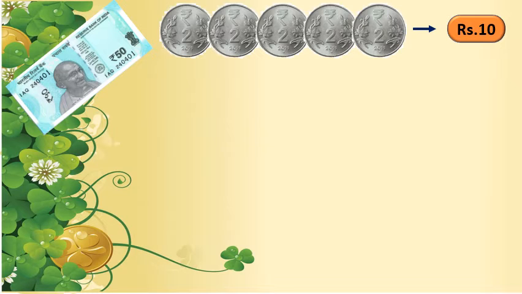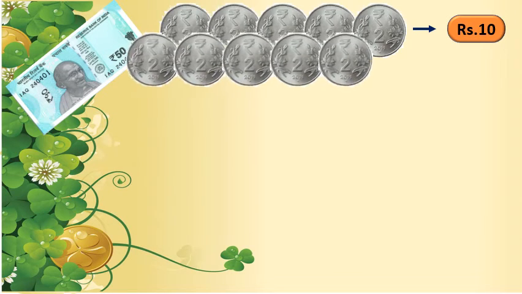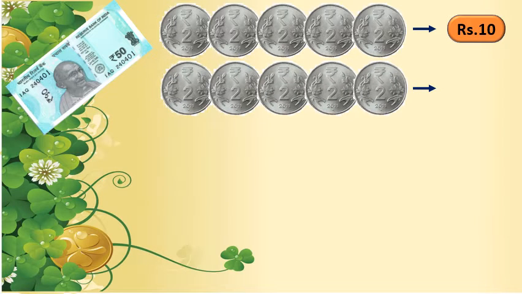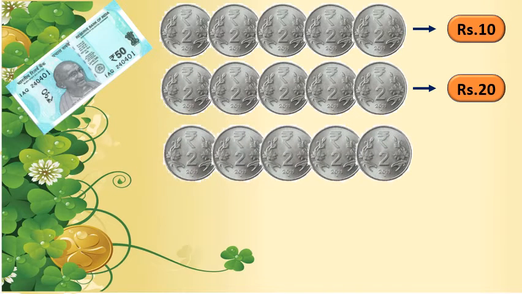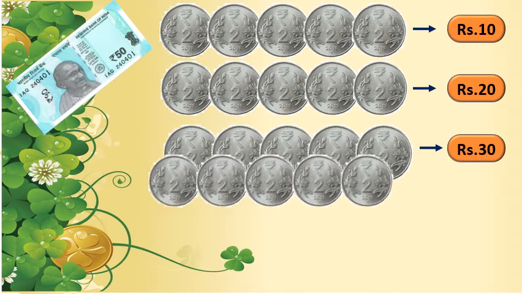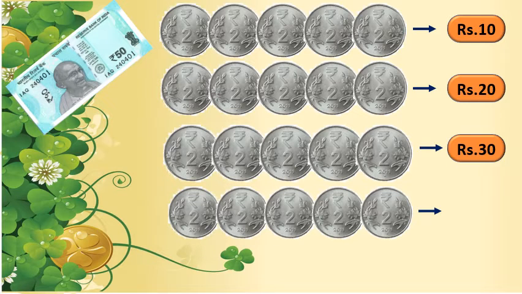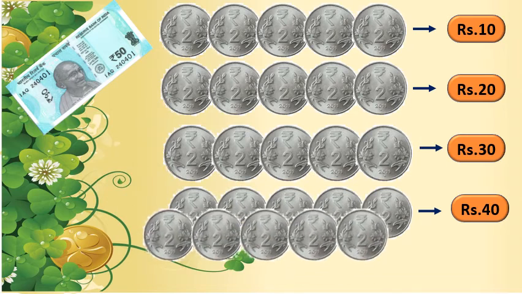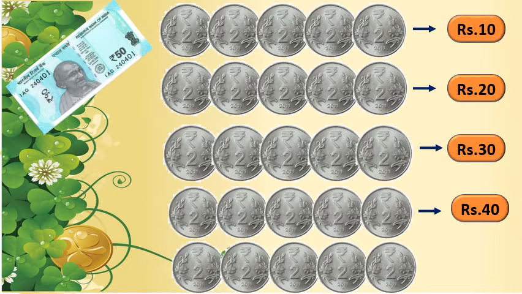Now again I will take 2 rupees 5 coins. Then it became 20 together, right? 20. Again 5 coins I will join this. Here it became 30 rupees. Again I will add 5 coins. Then it became 40. Correct? Again I need 5 coins of 2 rupees each. Then the total becomes 50.